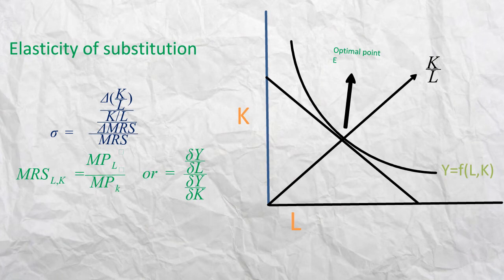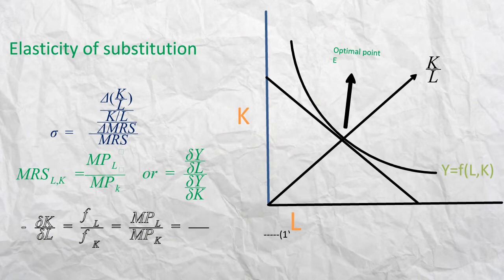Now, at the optimal point, the negative of delta K over delta L is equal to f of L over f of K, which is equal to MPL over MPK, which is equal to PL, price of labor, divided by price of capital, which is equal to wage over rent.